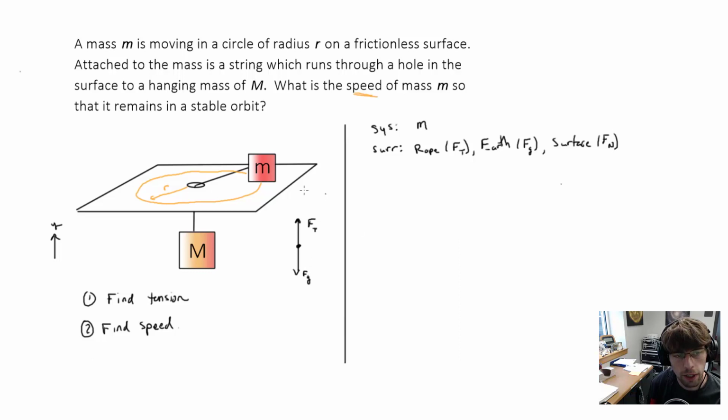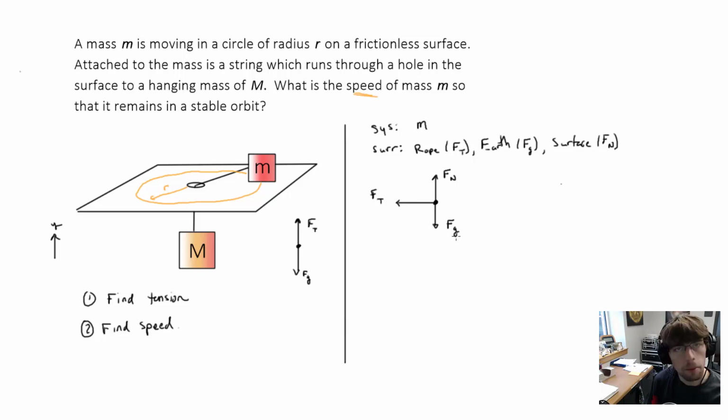Good. So let's go ahead and do a free body diagram now for little m. Here's little m. I'll say that we're positioned such that the tension force is exactly to the left, so we'll call this Ft. And of course, we have our normal force up, Fn, and our gravitational force down, Fg. Now here's one thing I'll point out.